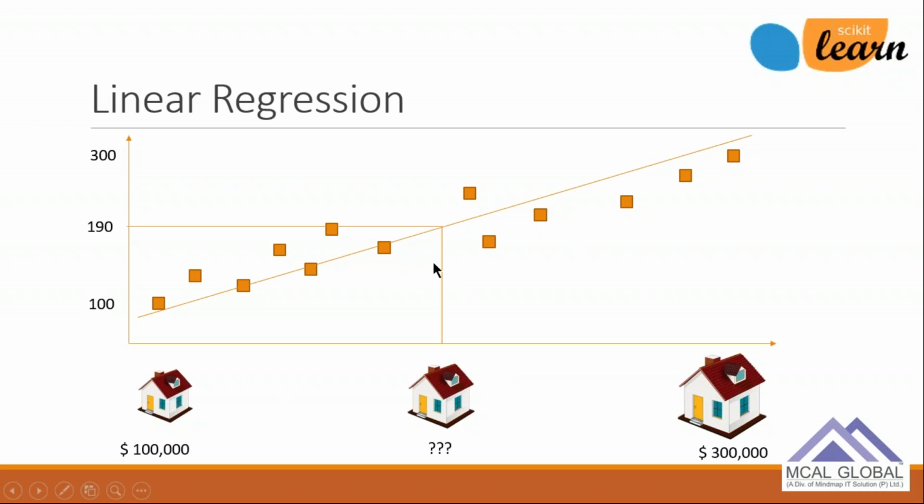If you are just taking the size of the house, someone at around 2,000 square feet has a price of $300,000. Someone at 600 square feet has a price of $100,000, and someone around 1,200 square feet is around $190,000.